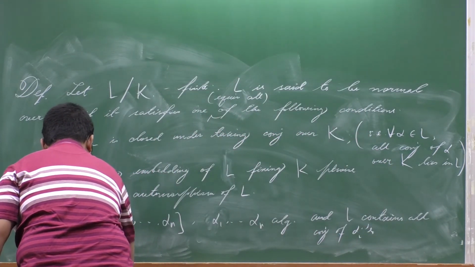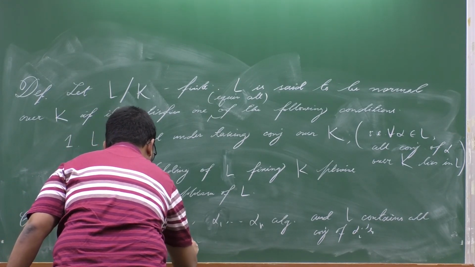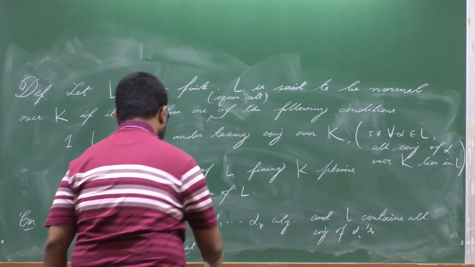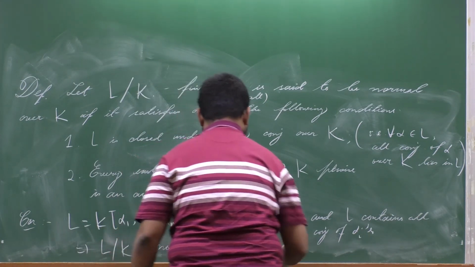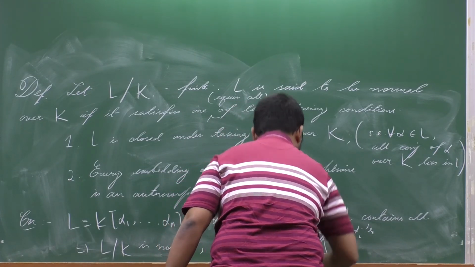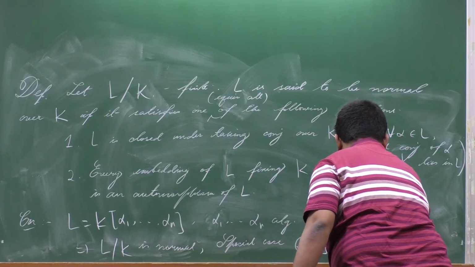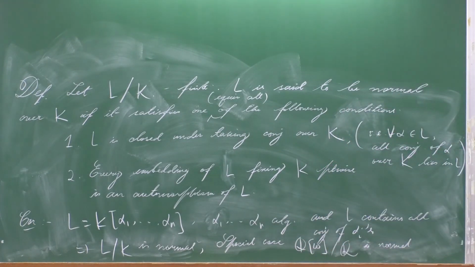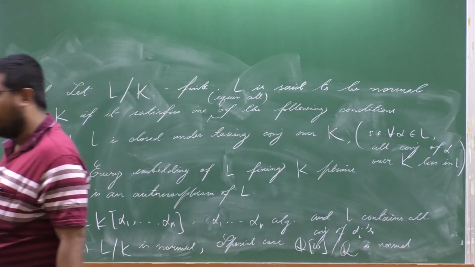Then L over k is normal. For example, a special case which we will use: Q adjoined an nth root of unity is a normal extension, because all conjugates are some powers of omega.